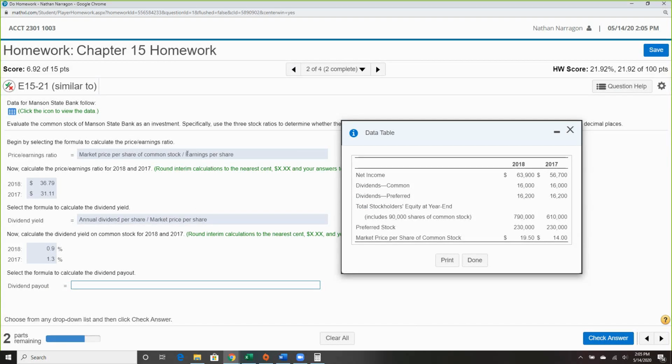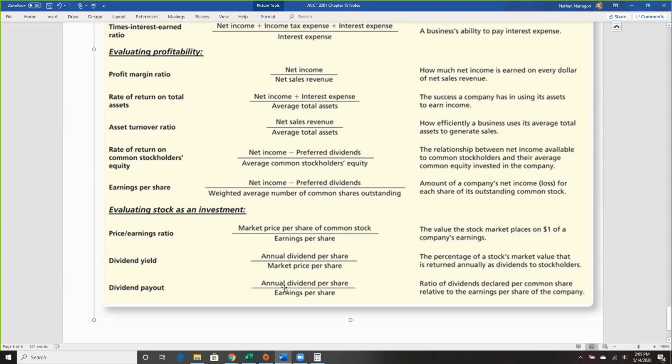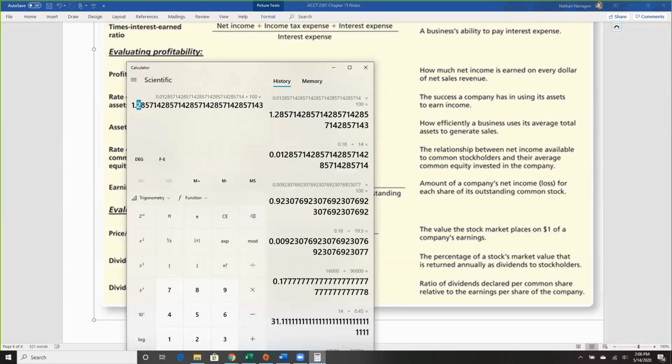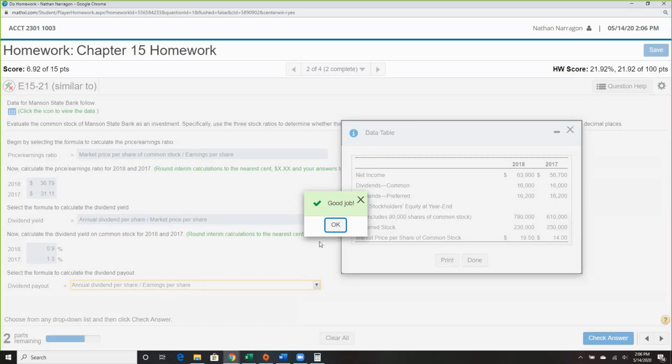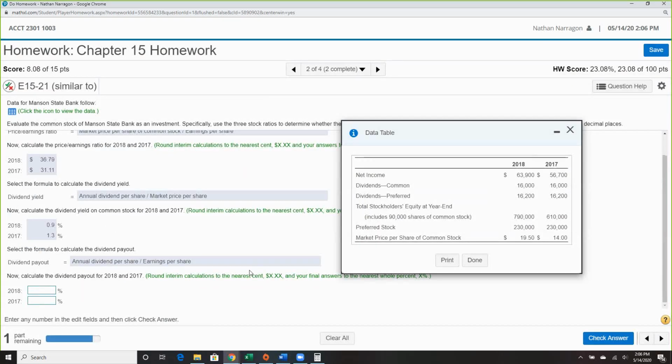Now it's a little bit more complicated figuring out earnings per share right off the bat. Okay. Next, we're going to do dividend payout. And this is annual dividends per share divided by earnings per share. Should write down some of these numbers. Okay.